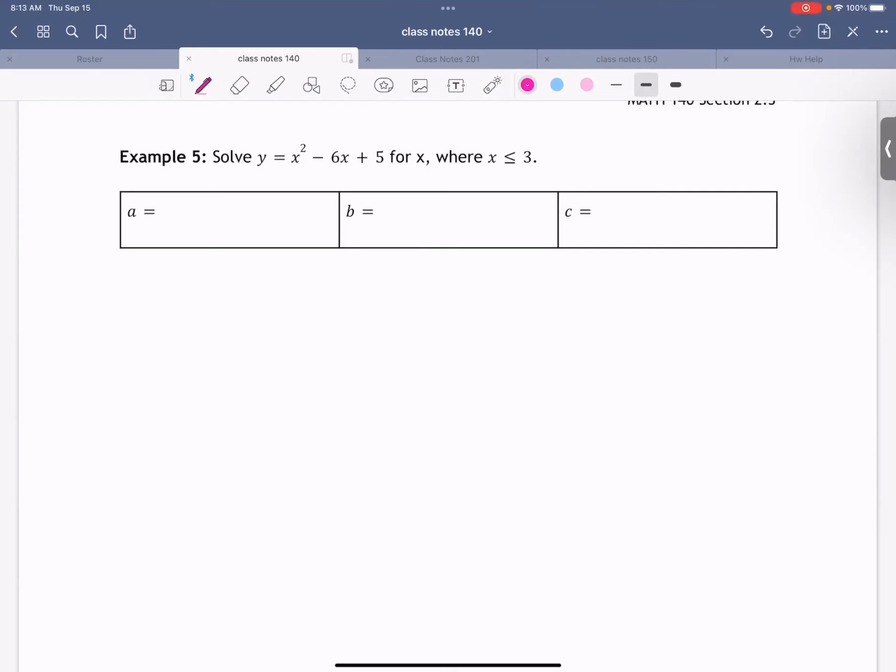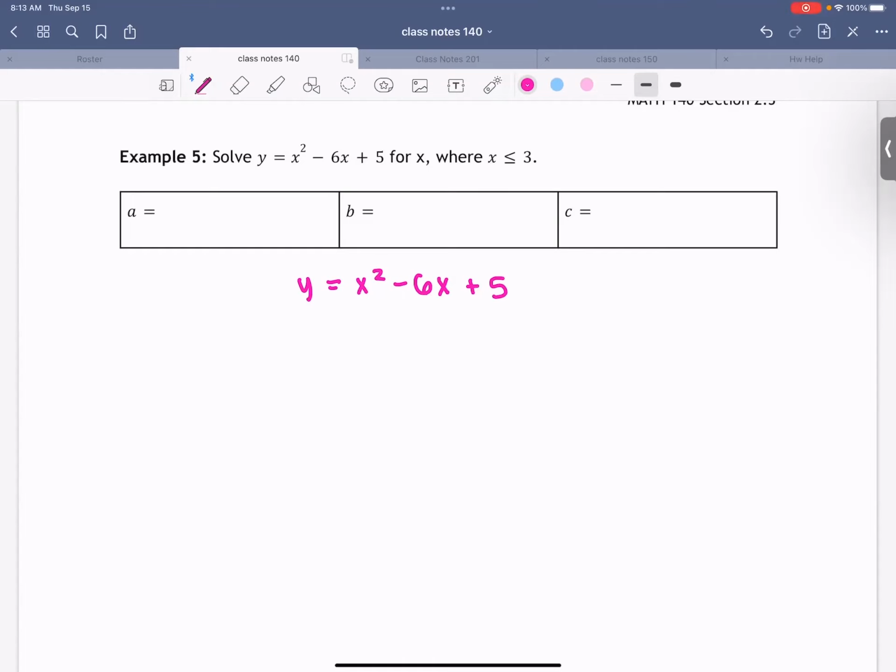Let me just rewrite our equation here. We want to solve this for x, but we don't have the equation being equal to 0, right? I know this looks weird, but what I'm going to do is move everything to the right-hand side.